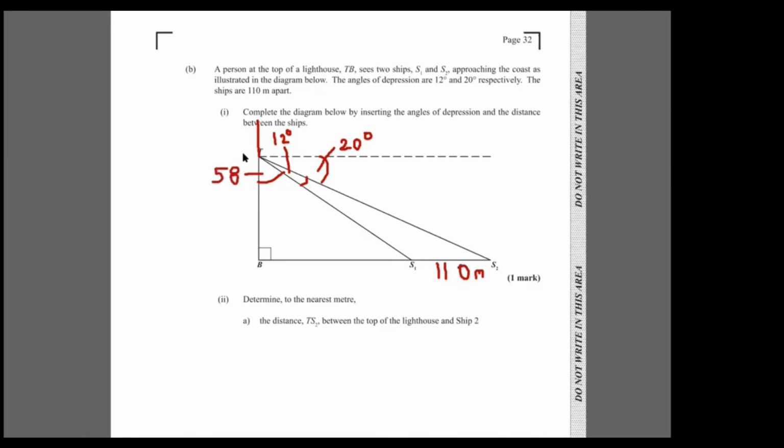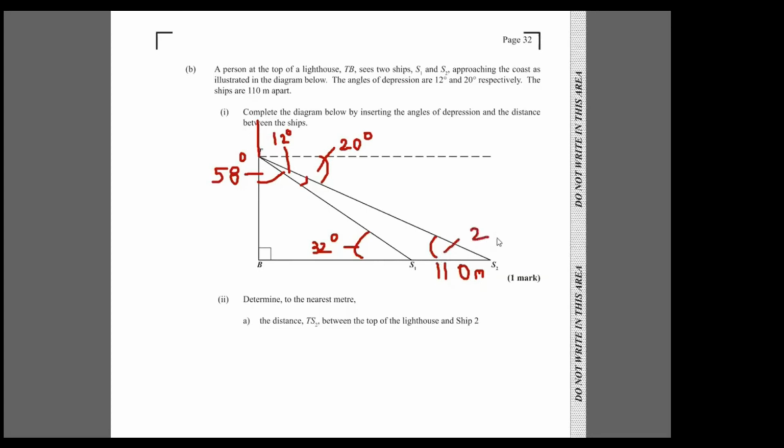And if this angle is 58, then in this triangle this angle is going to be 32. And since 32, 58 and 12 make 70, this angle right here is also 20.